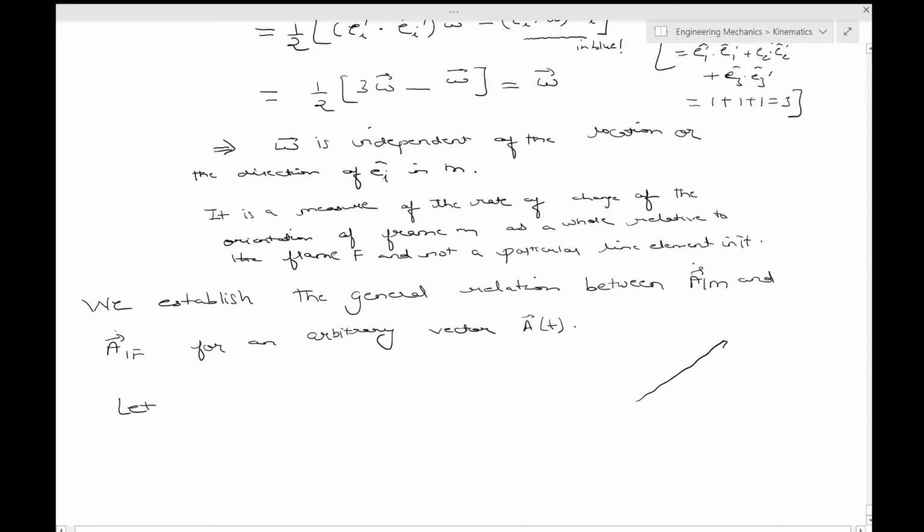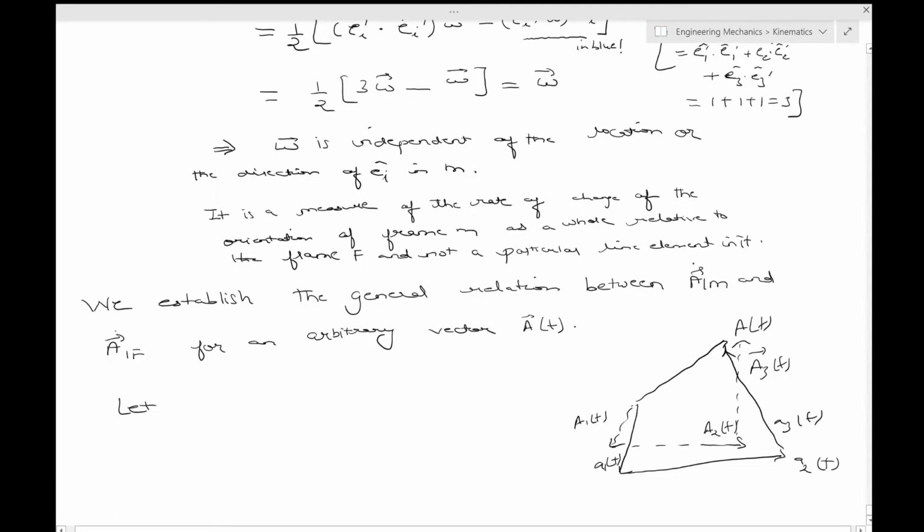A of t, with components A1 of t, A2 of t, A3 of t.